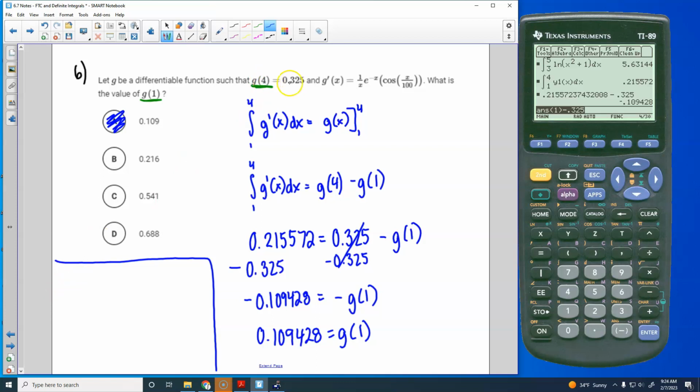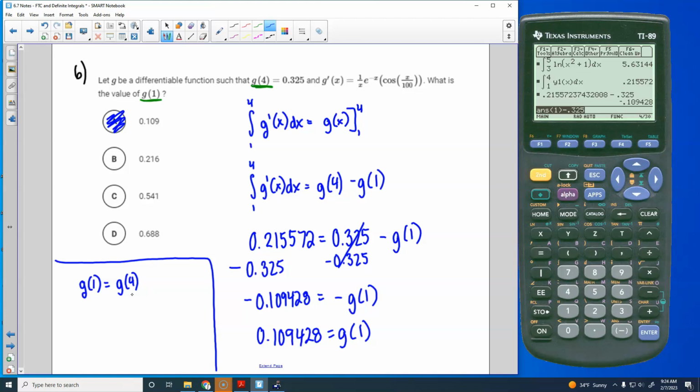So, I know my position at g of 4. So, if I want to know g of 1, I could take g of 4, and in this case I'm kind of going backwards, right? So I'm going back to 1.